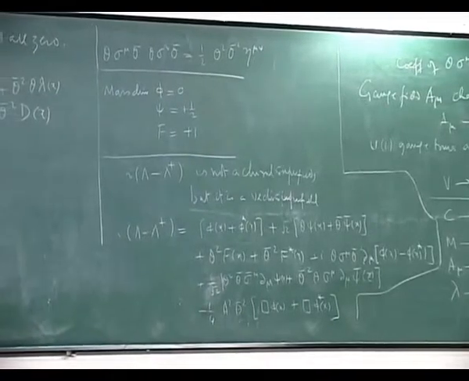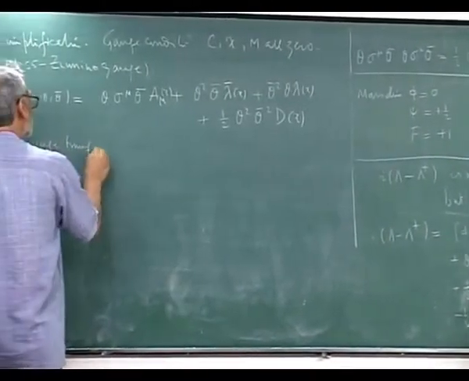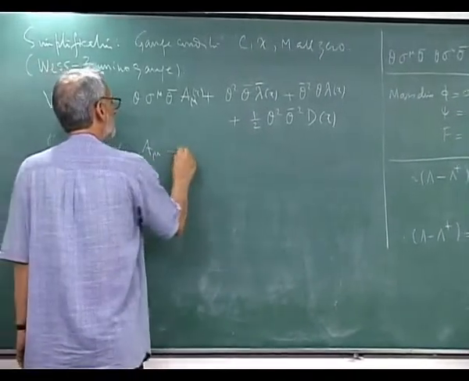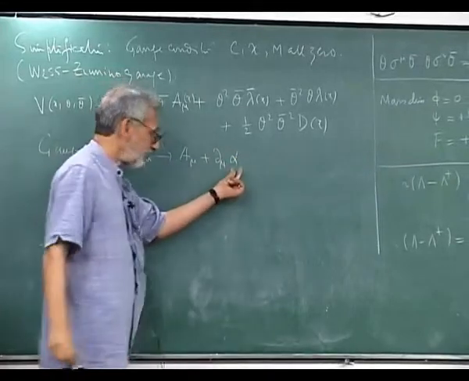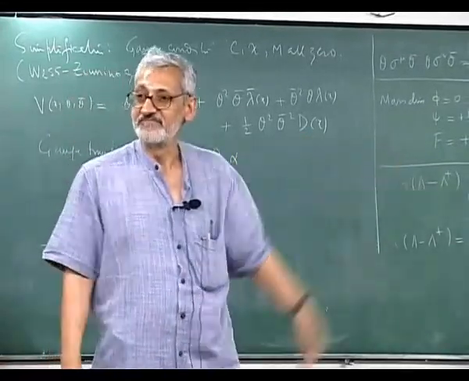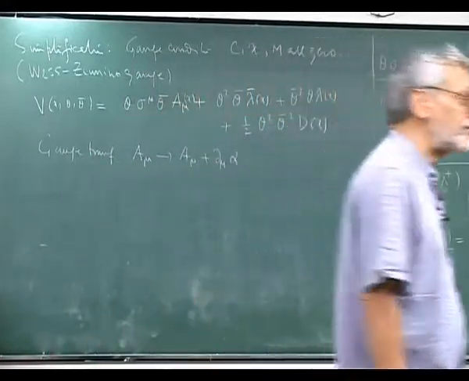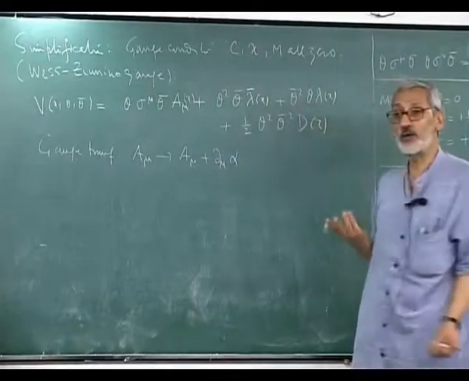For this object, the gauge transformation is A mu going to A mu plus a derivative of alpha, where alpha is the imaginary part of phi, and lambda and d don't change.